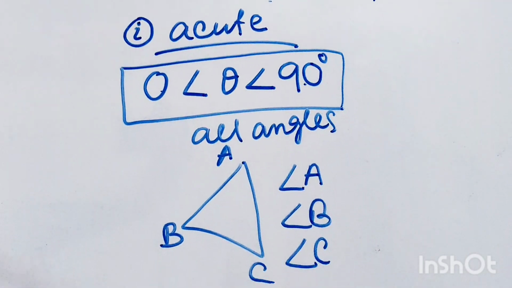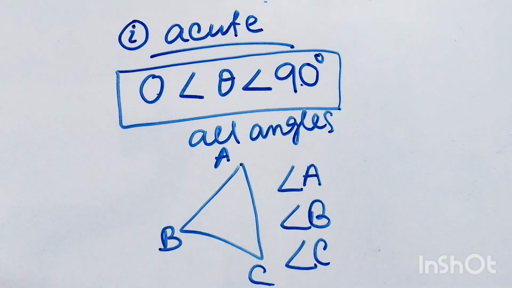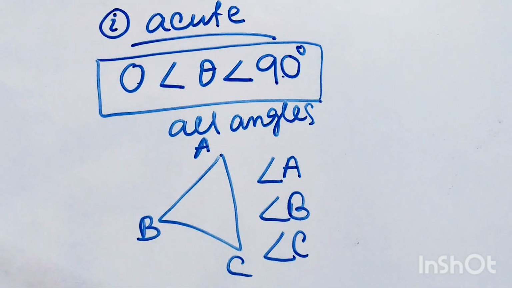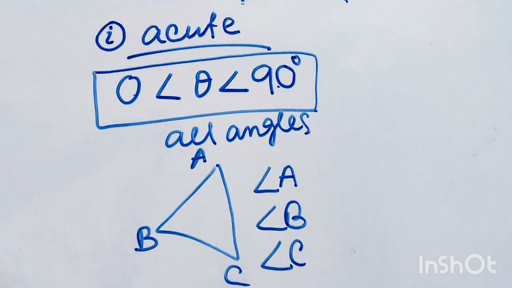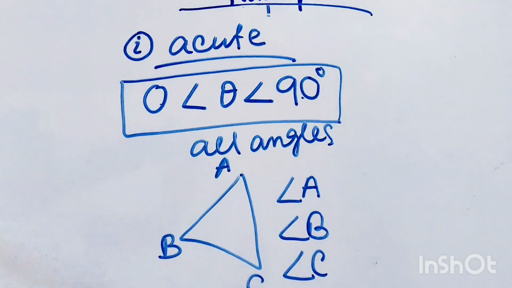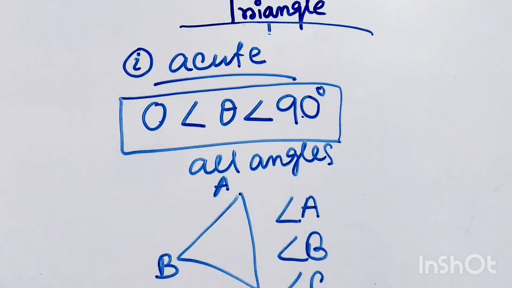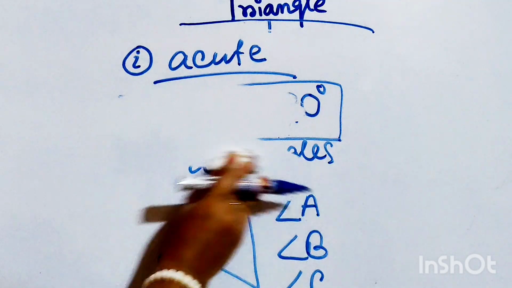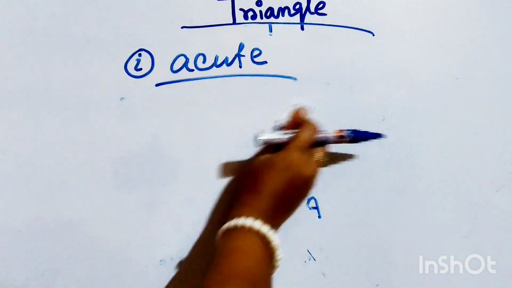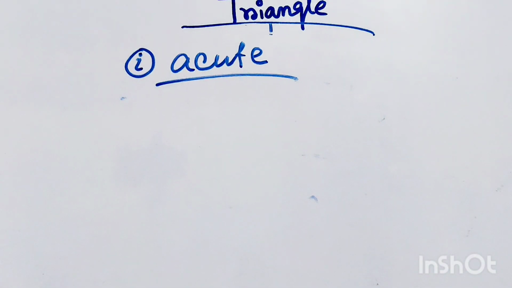You can see this is the diagram of an acute angle triangle. The angles are angle A, angle B and angle C. To make the triangle an acute angle triangle, the values of angle A, angle B and angle C must be between 0 and 90 degrees. That is the criteria.